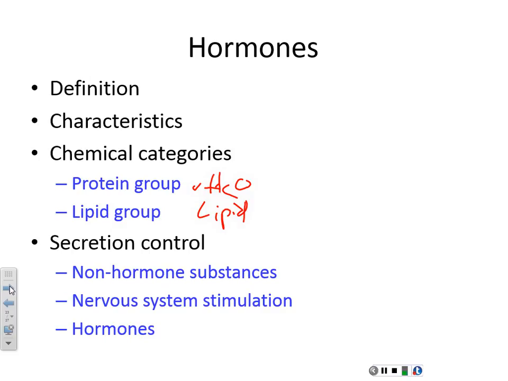Or you can have other hormones affect the release of other hormones, like how the hypothalamus releases growth hormone releasing hormone, so that the anterior pituitary releases growth hormone. Okay, so you talk about that. If I ask how you control the secretion of hormones, you talk about those three things.